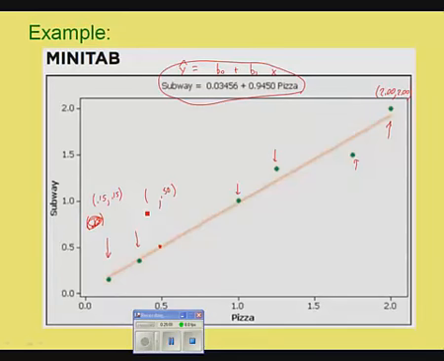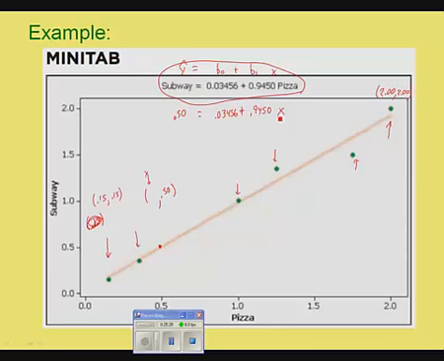Well, a real mathematical way to figure that out would be to use the equation. You could put your 50 cents in for the subway, put the other numbers in, and then just leave the x here, because the x is the thing that's unknown. And you could solve algebraically for that x.